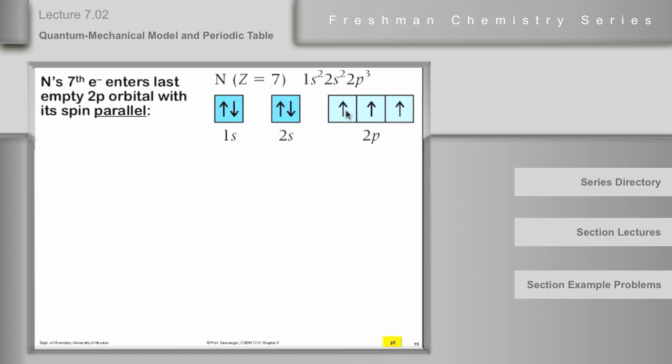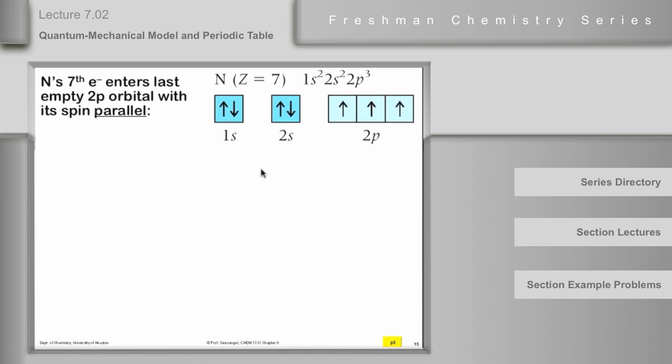That, in quantum mechanics, is a good thing because there's an effect in quantum mechanical calculation that stabilizes things if you have parallel spins. It's called spin exchange, but don't write that down. Just recognize that having all of the electrons spinning in the same direction in a set of equal energy orbitals is more stable than any other configuration.